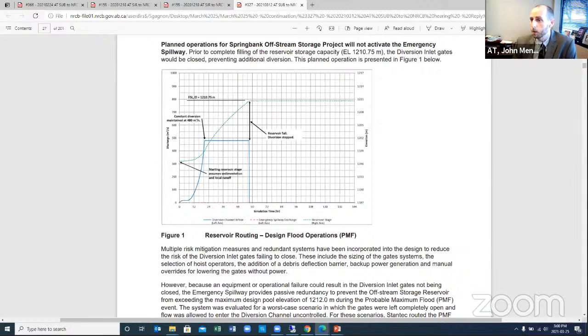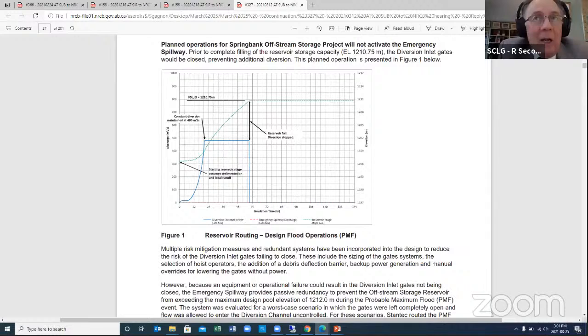So it looks at the risk of the structure. We selected the highest rating to use the most conservative value, as well as it looks at the consequences downstream. And so we took the combination of the two factors and selected a criteria for the reservoir to drain over that period of time.